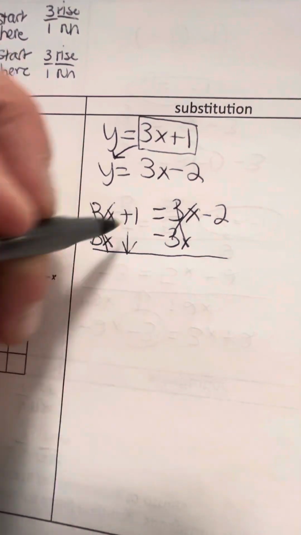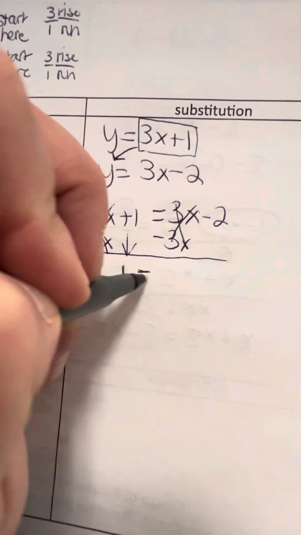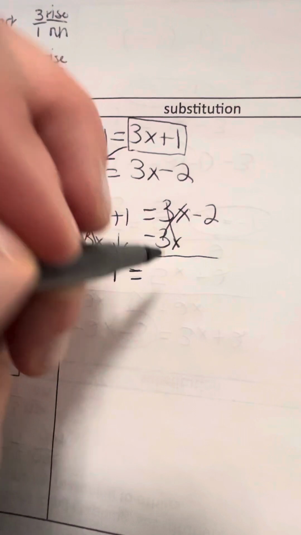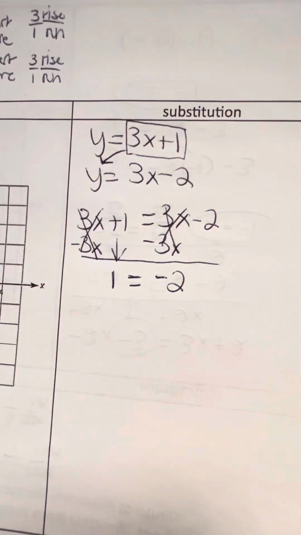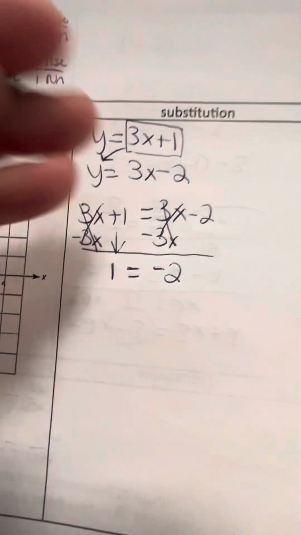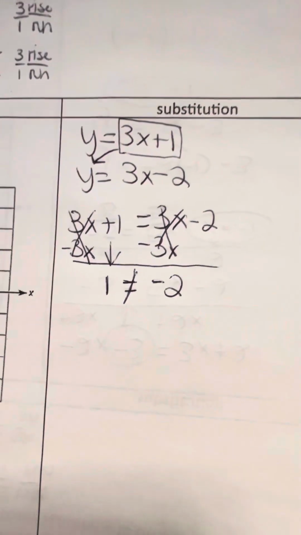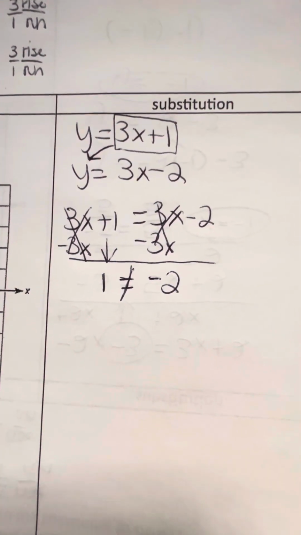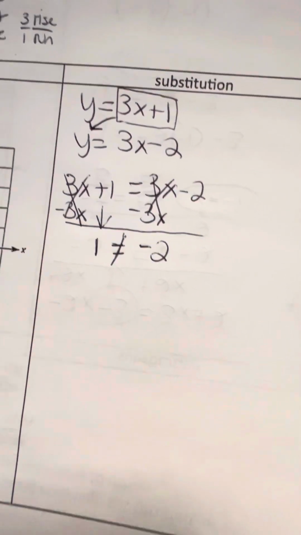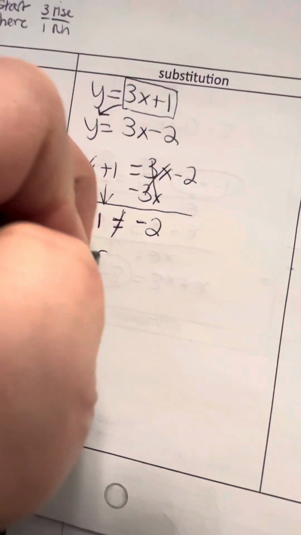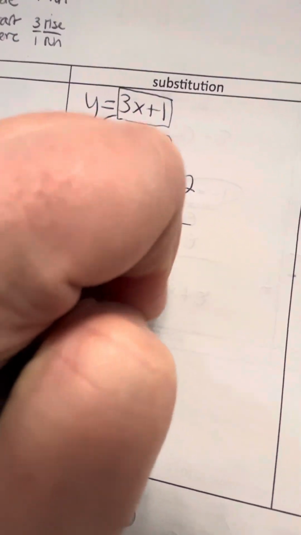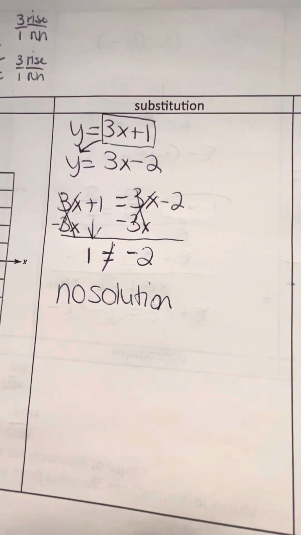I'm left with a positive 1 here, but over here I'm left with a negative 2. Obviously 1 is not equal to negative 2, so this is not going to happen. We cannot have a solution here because they don't equal each other, or they don't balance. So this would be considered a no solution answer. This is how you do it with the substitution method.